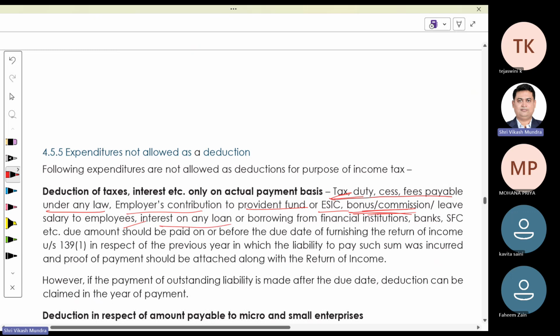Interest on any loan or borrowing from any financial institutions, banks, etc. That means if you borrowed money from a bank and you are paying interest, but it was only accrued and you did not make any payment, in that situation the deduction in respect of interest on borrowed capital is not available to you unless and until you pay this money.